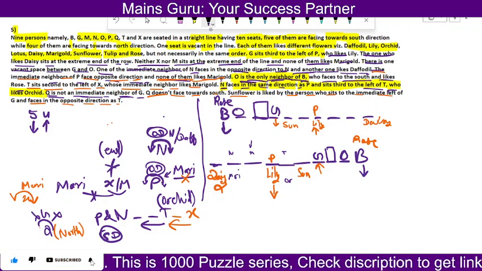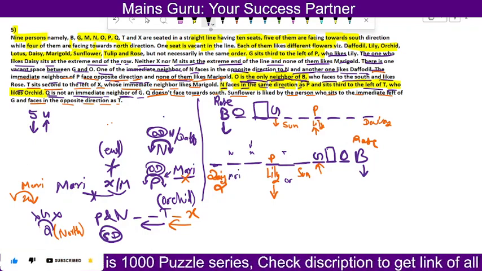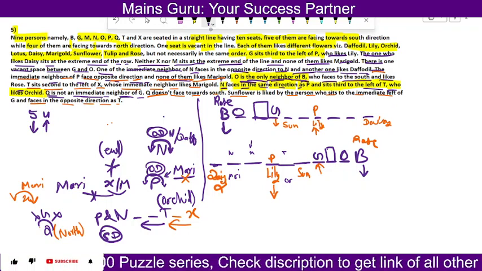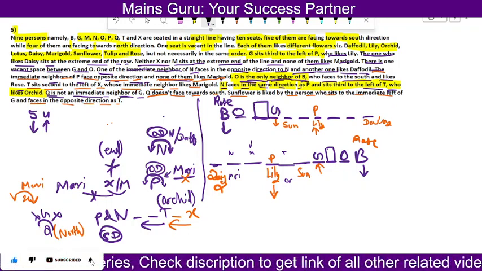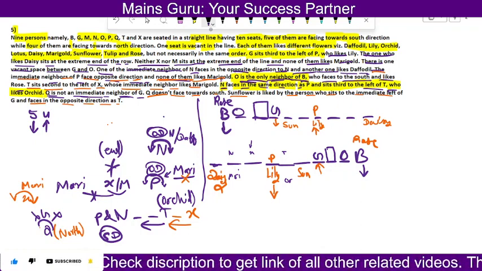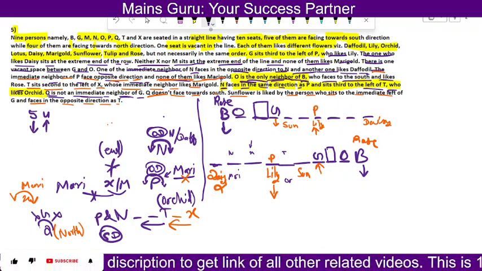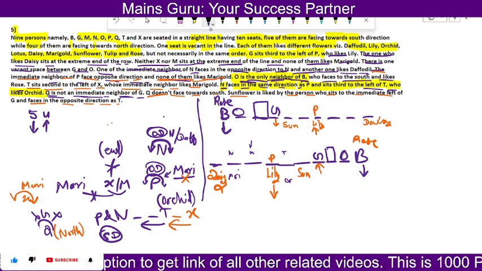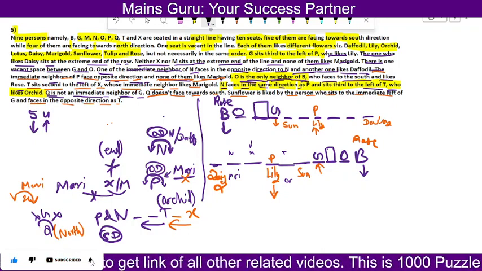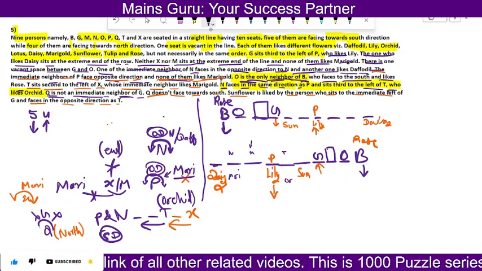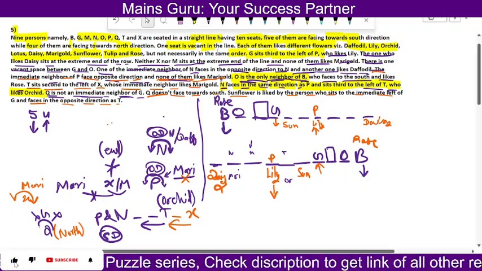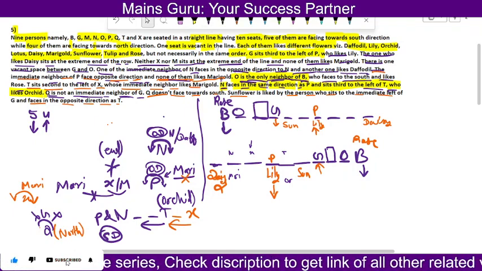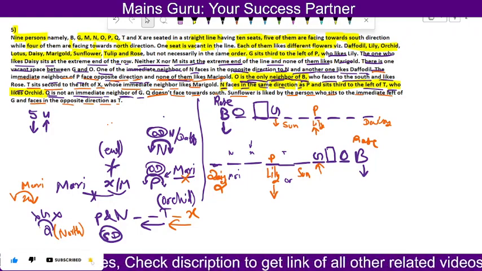Okay, done. And X and M don't like marigold. So here N is possible. Wait a minute, P and N are in the same direction, and P is facing in this direction. No problem is there, na.